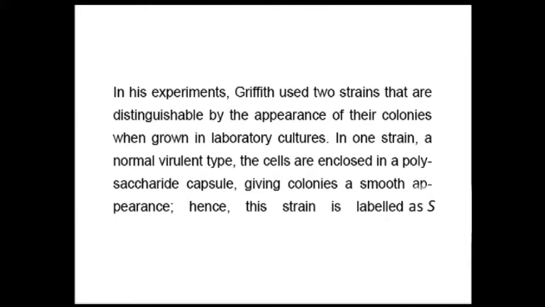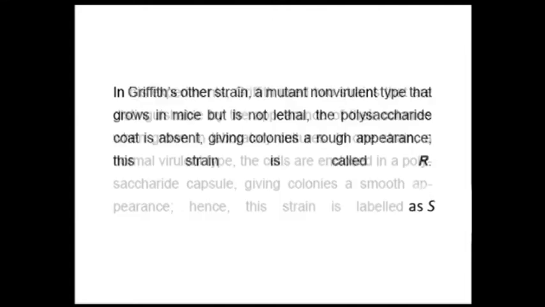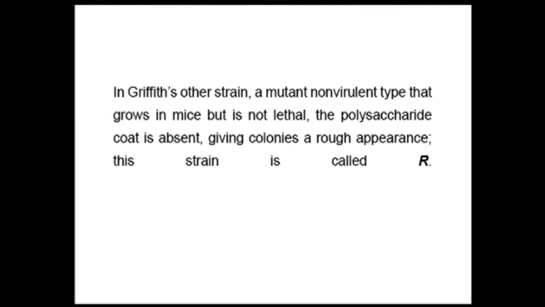Hence, this strain is labeled as S. In Griffith's other strain, a mutant, non-virulent type that grows in mice but is not lethal, the polysaccharide coat is absent, giving colonies a rough appearance. This strain is called R.